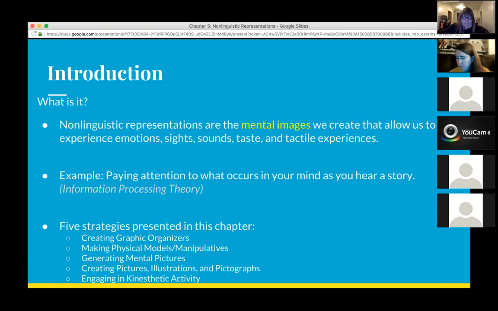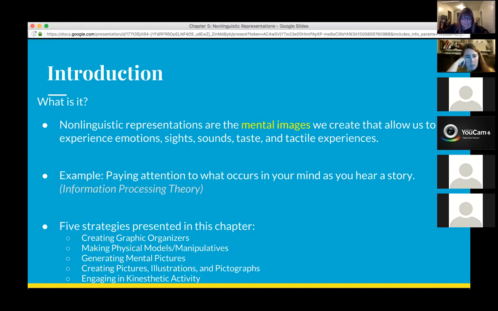When I was reading this section on non-linguistic representation, I thought of when I read Harry Potter for the first time before the movies came out, and I had to use the details given to me within the text to come up with what the scenery looked like, the setting, and the characters. Non-linguistic representations closely relate to the information processing theory, which focuses on how students process, store, and retrieve information.